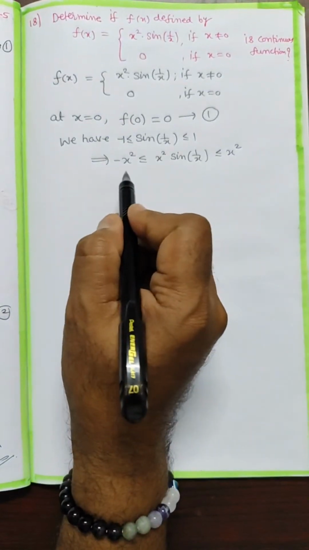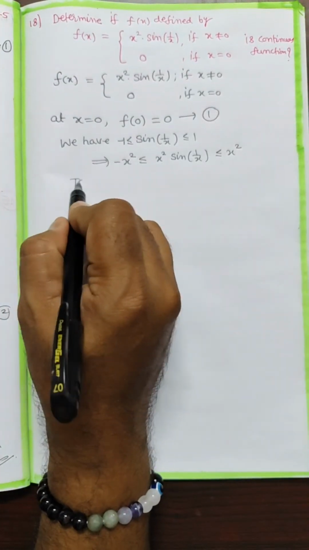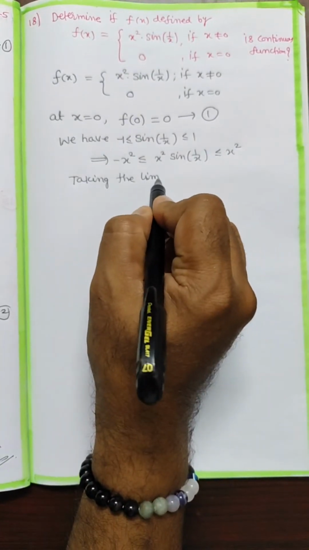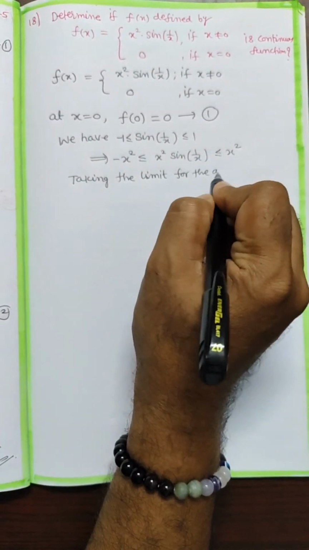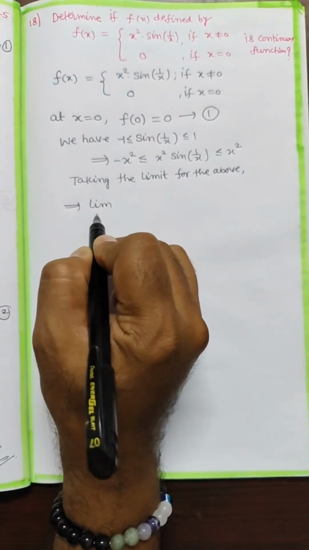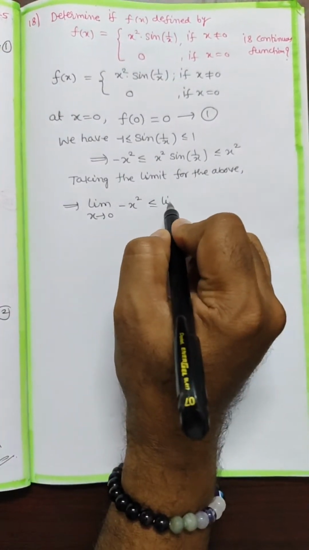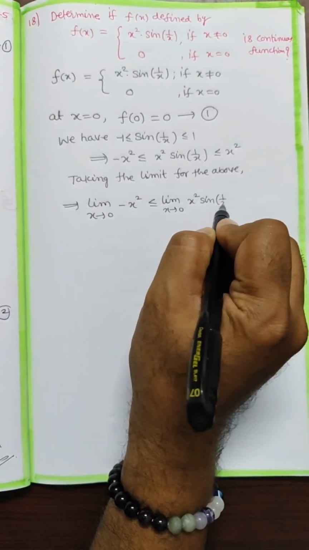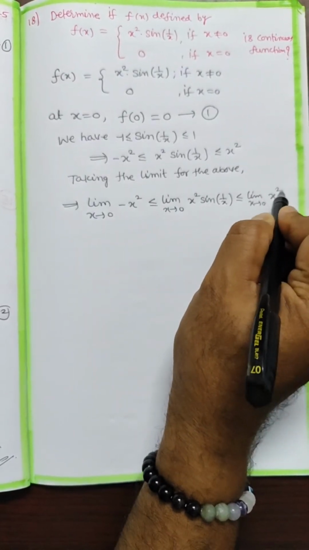By taking the limit for every term in this inequality: limit x tends to 0 of minus x square is less than or equal to limit x tends to 0 of x square into sine of 1 by x, which is less than or equal to limit x tends to 0 of x square.